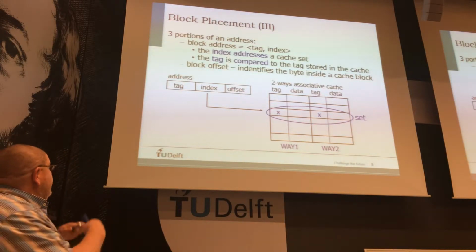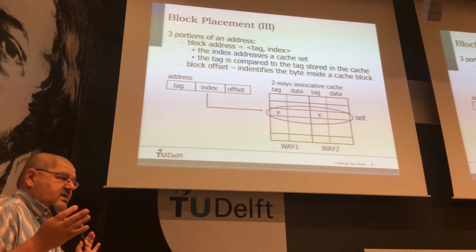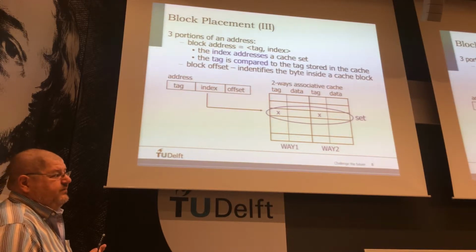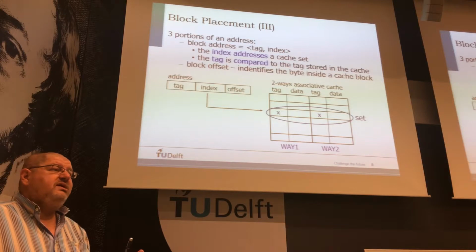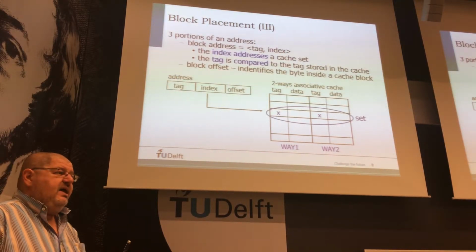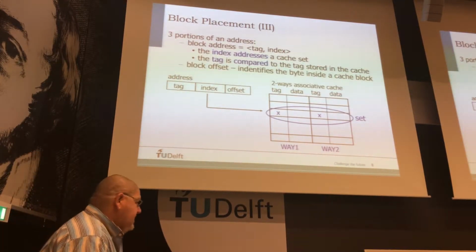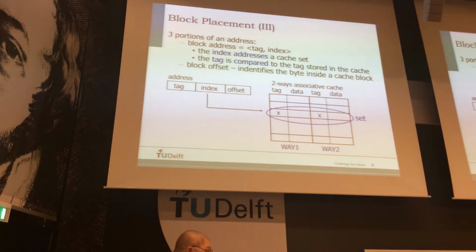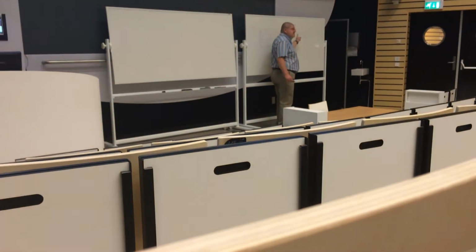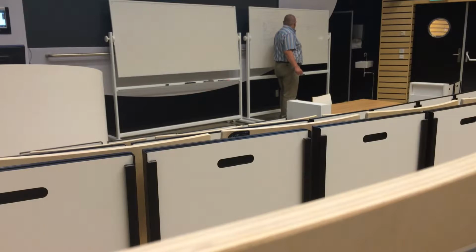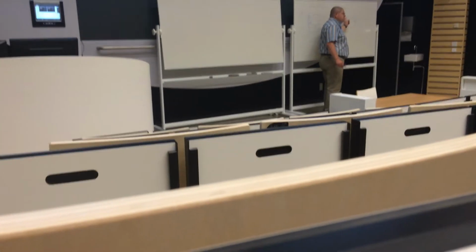Now, there are 2 other parts of the address. One refers to what is called the offset. And this is telling me which position in the cache line I'm looking for. I assume that in this case I have 2 bits which will select me this or this or this or this.